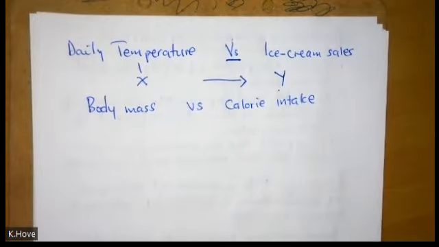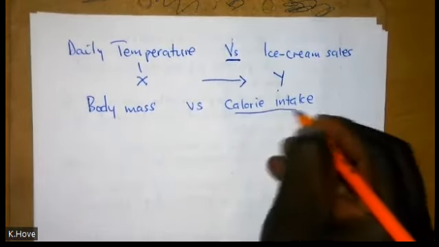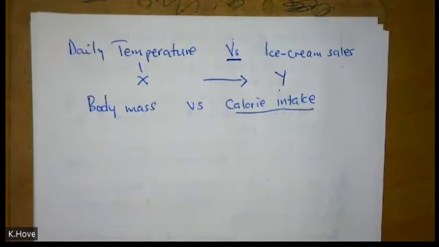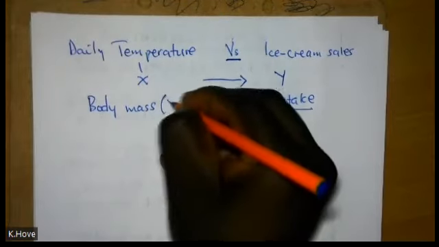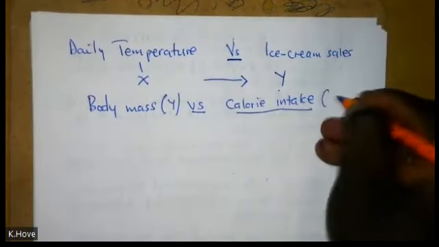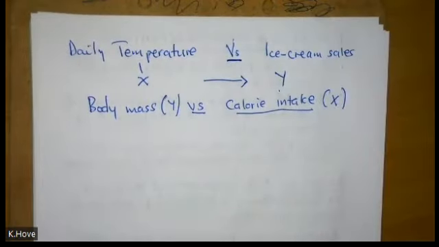Obviously, it is the amount of calorie intake that will affect your body mass. So body mass responds to calorie intake. So body mass becomes our Y, whereas calorie intake becomes our X. It's not the other way around.